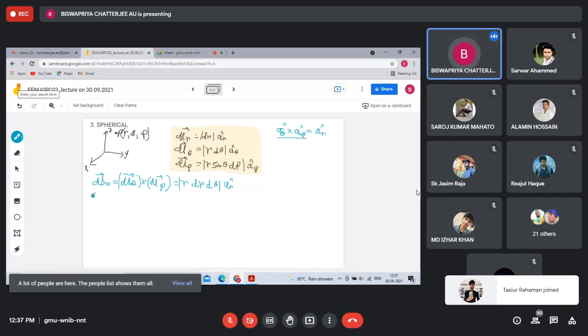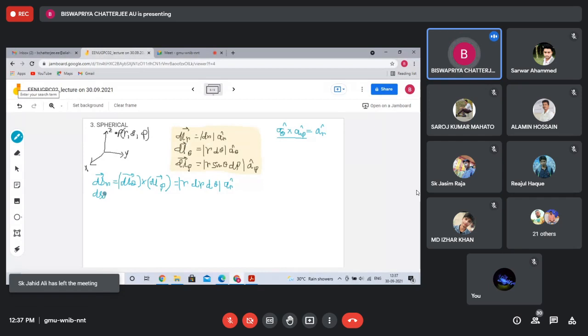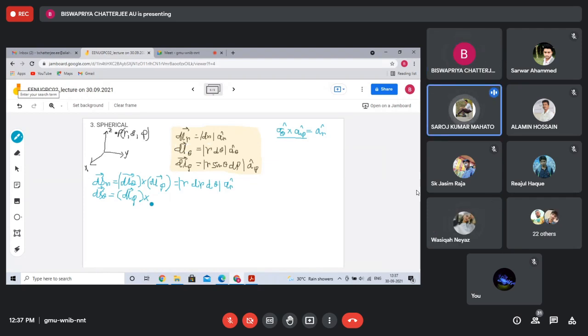So next you have ds theta. What is ds theta? So in the first term you have dl phi cross... Sir, ds r should be r square sin theta d theta d phi, right?